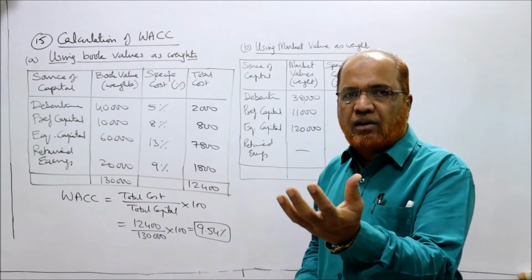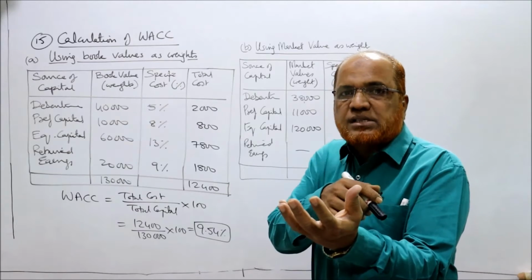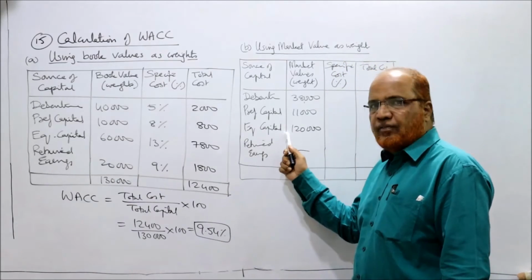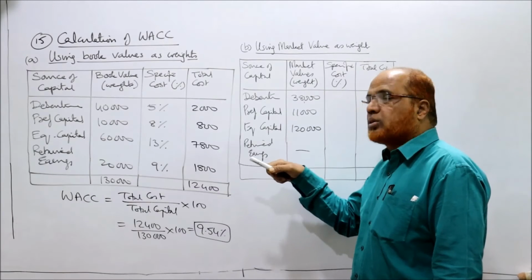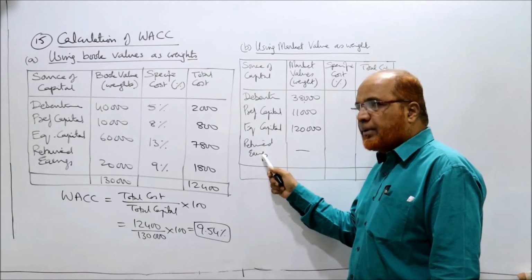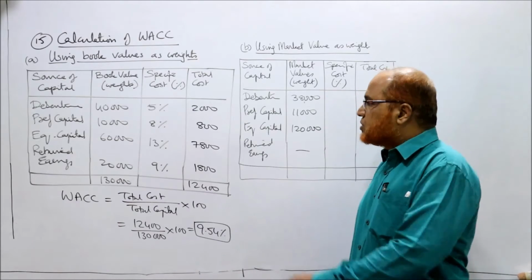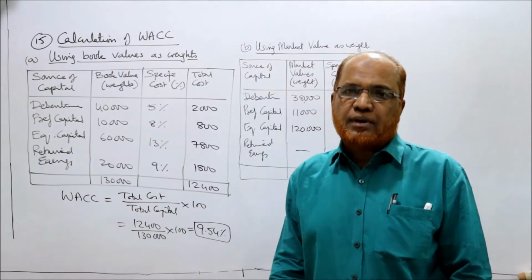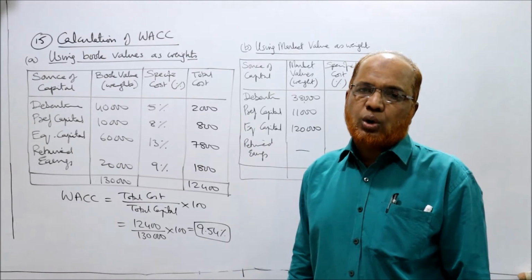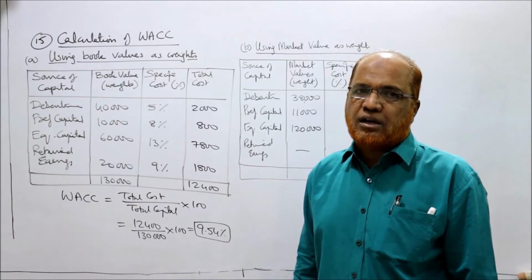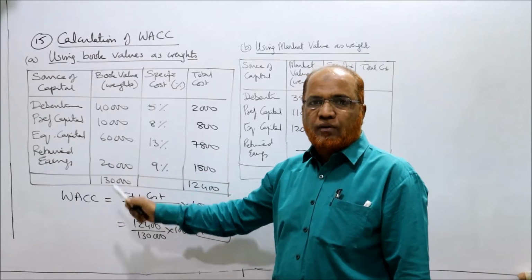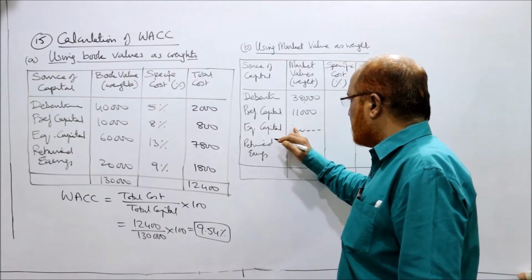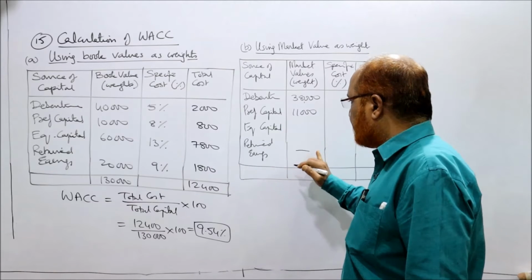The value of the security in the market represents both of them. This 1,20,000, the market value of equity, is representing both equity capital as well as retained earnings. So this 1,20,000 should be apportioned, divided in the ratio of equity capital and retained earnings of the book values. This 1,20,000 we should not take here.